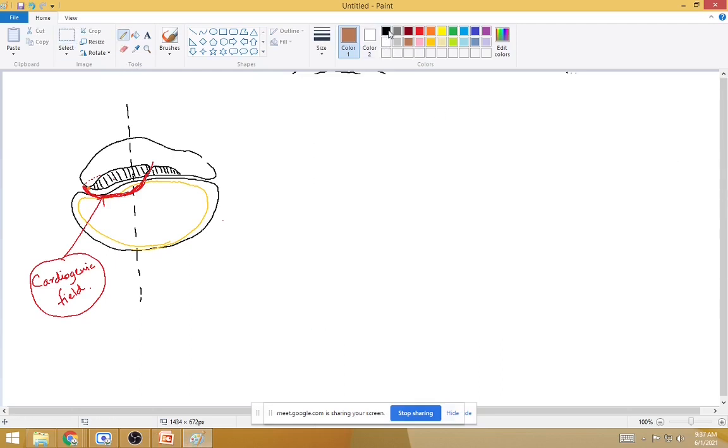So what happens? You see that there is one tube, there is another tube, so two tubes on either side, one tube like this, another tube like this, horseshoe shaped, isn't it? Now, along with this cephalocaudal folding, there is another folding known as the lateral folding. So they will fold like this also.